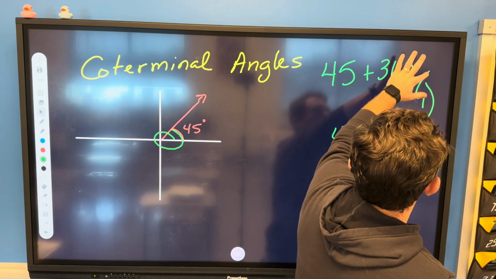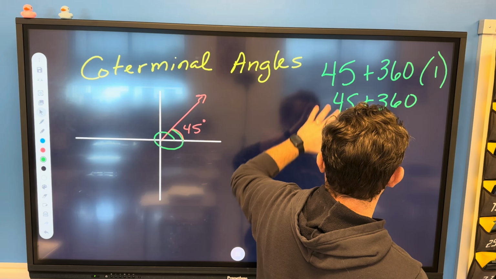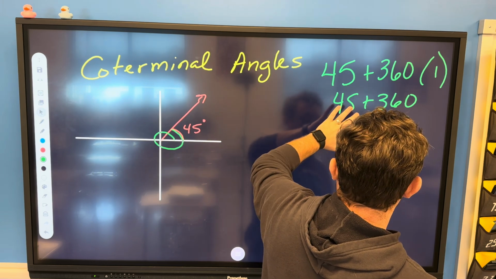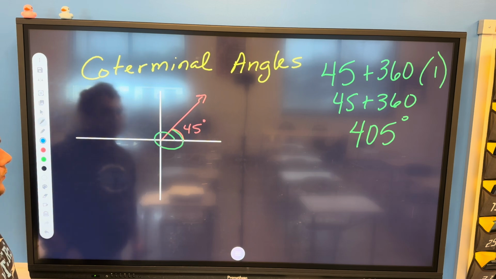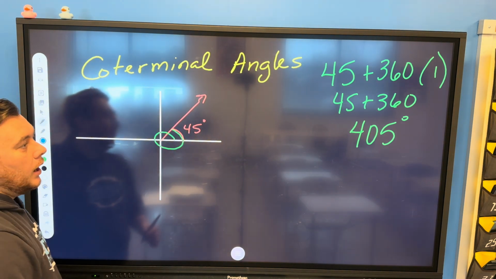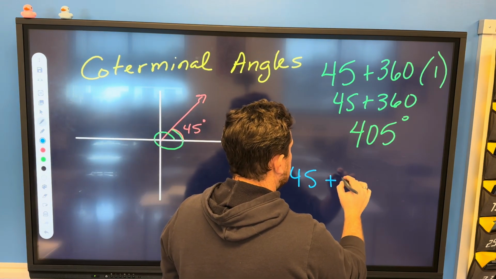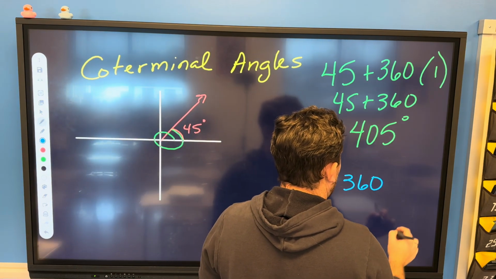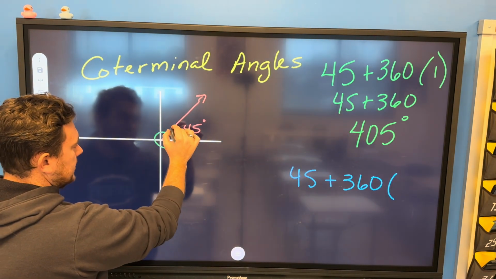Let me move this up and I'll do the other one here. Okay, here we go. So in a positive direction, we're going up and around this way. A negative direction is almost exactly the same thing, but instead we're going negative 360.